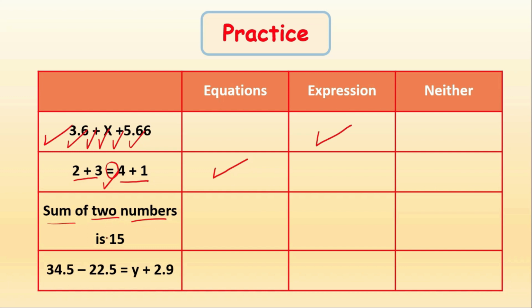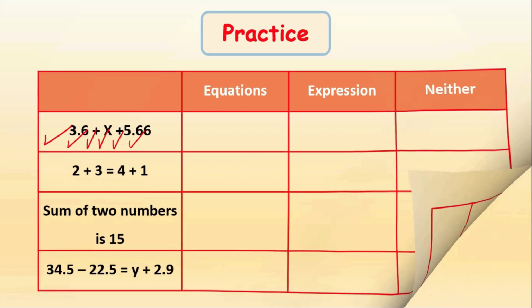So words refer to neither equation nor expression. The last one, 34.5 minus 22.5 equals y plus 2.9. Also we have a sign of equals, so it will be an equation. Okay, that's the comparison between expression and equation.